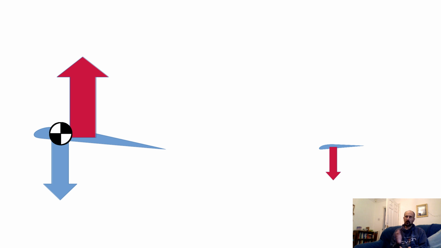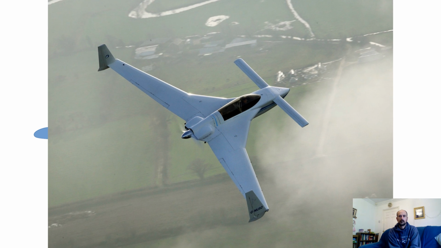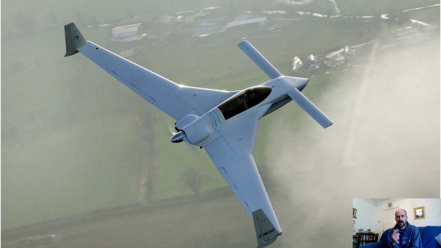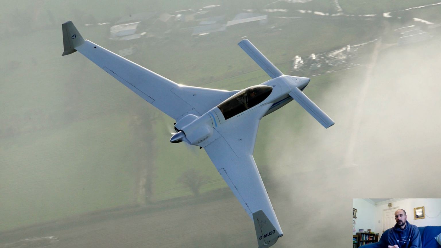So you might be wondering, is it possible to have both surfaces lifting? Yes, actually it is. This is how a canard design works, like the Rutan Long-EZ in this photo. The way this works, if we think back to the wing as we had it, we put the centre of gravity, the pivot point that the aircraft's working about, far enough forwards in front of the main wing, then the main wing becomes stabilising.